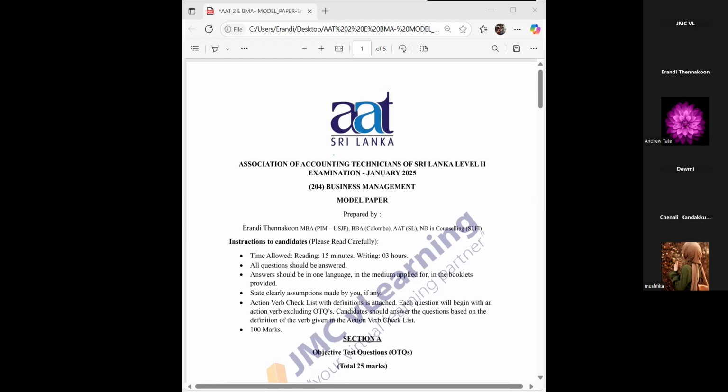And then the differences between strategic control and operational control. The relationship between controlling and planning, I don't think it will come, but it could. So these kinds of things are there, and you have to focus on them.